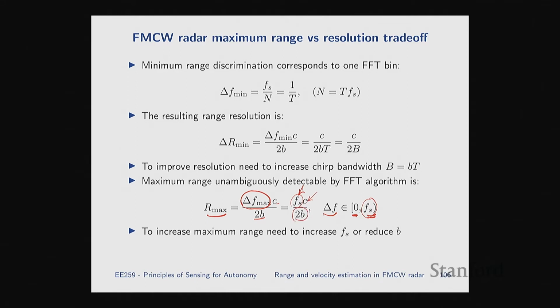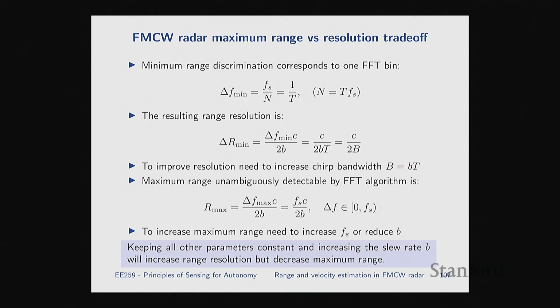Okay, so here immediately we see one of those trade-offs between your range resolution and the maximum range that you can discriminate. Why? Because let's say you keep every parameter the same, and we are just varying the slew rate. If you increase the slew rate B, what happens to delta R?